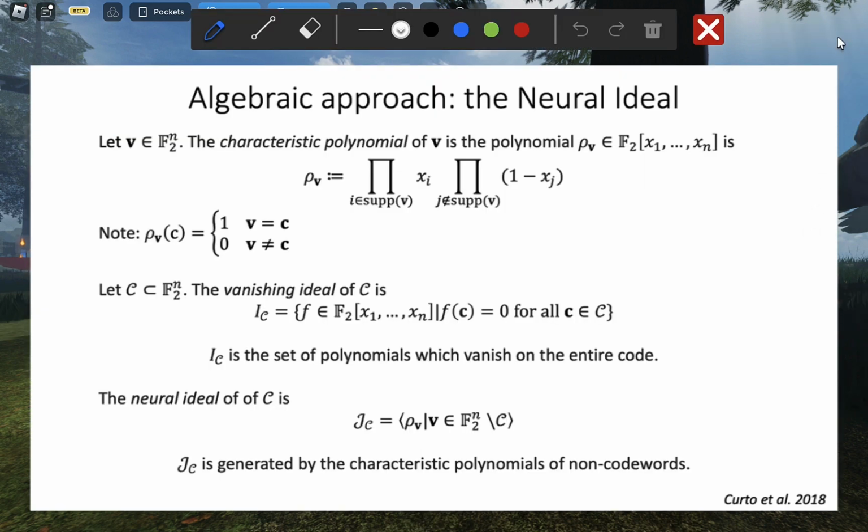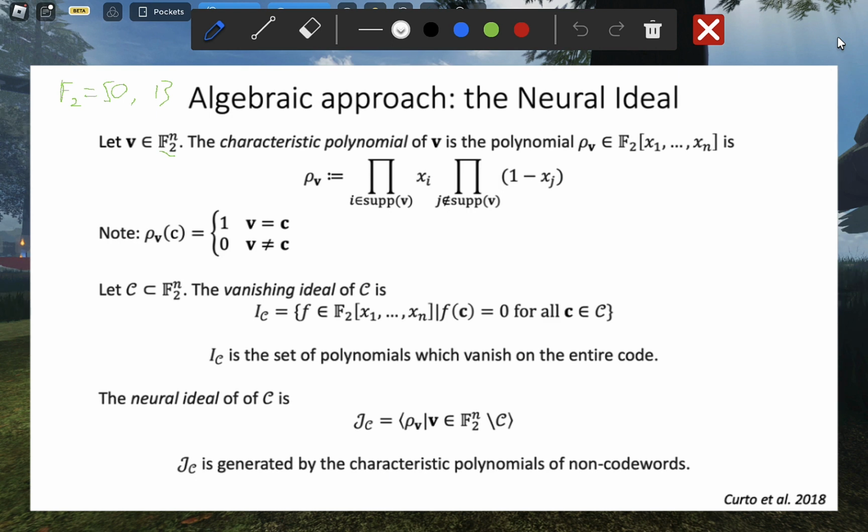So the neural ideal is defined on the right slide. So we have a finite field F2. F2 just means, for example, 0, 1, like this.